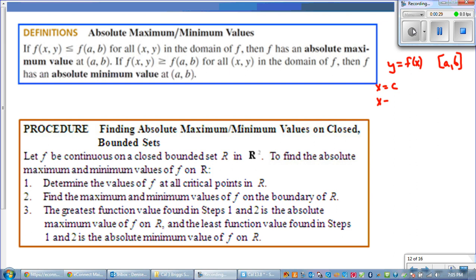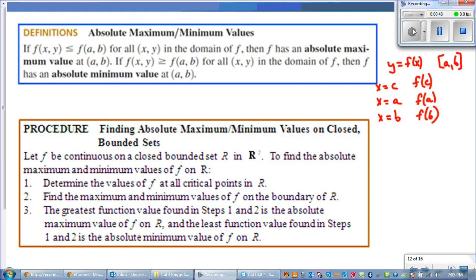Then we looked at x equal a and x equal b and calculated the actual y value at each of those values of x. Whichever led to the largest y value was our absolute maximum.